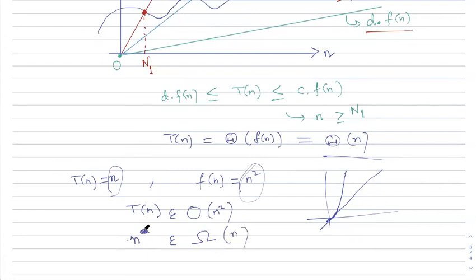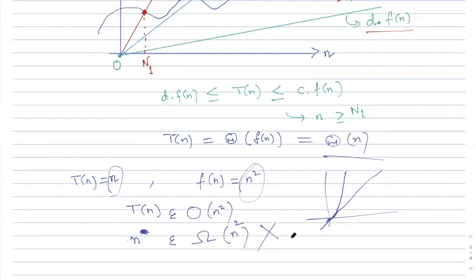That would be totally wrong, because it doesn't matter what constant multiplier you choose, you cannot make it a lower bound.